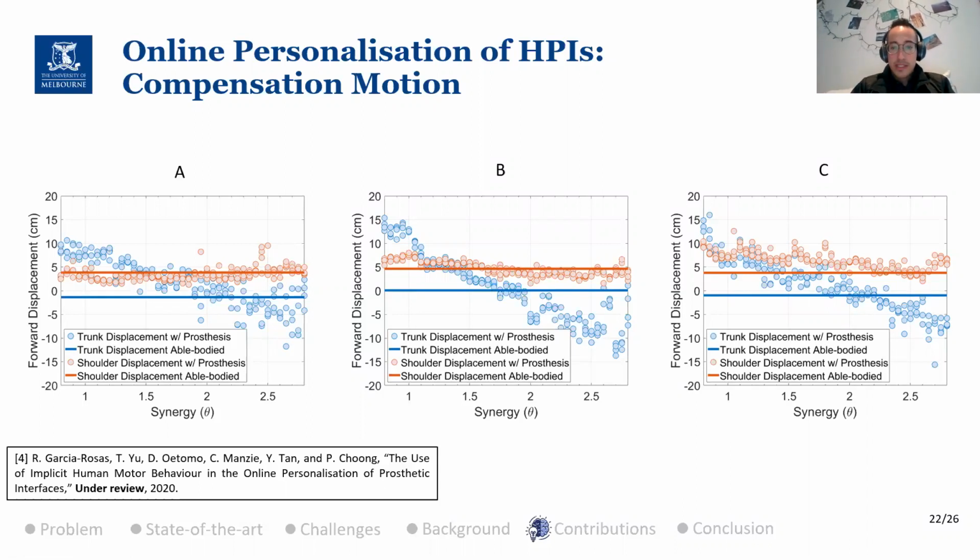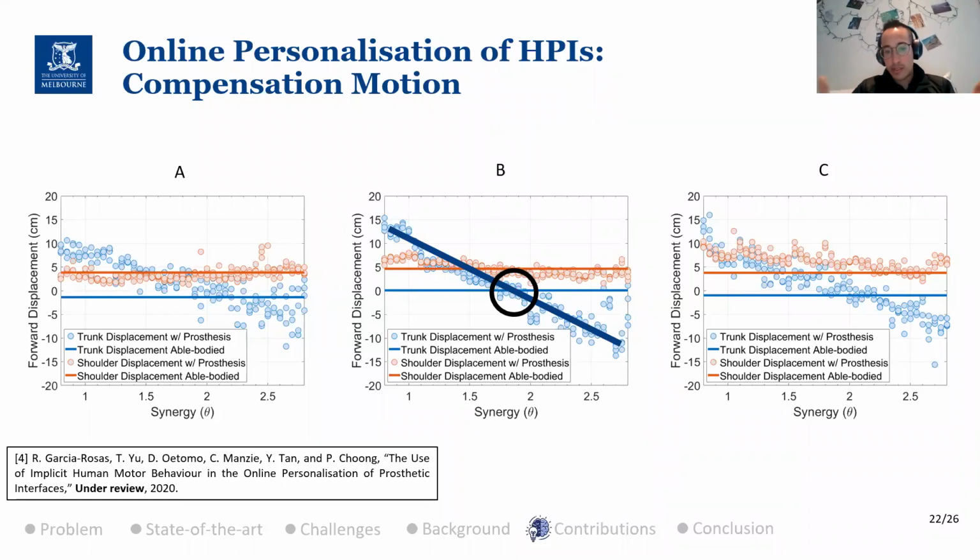And what we can see here, all things considered, they're humans, so there's a fair bit of variation, is that if we were to do a linear regression, or draw a line through the experimental data for the prosthesis, we would find an intersection with the able-bodied behavior.